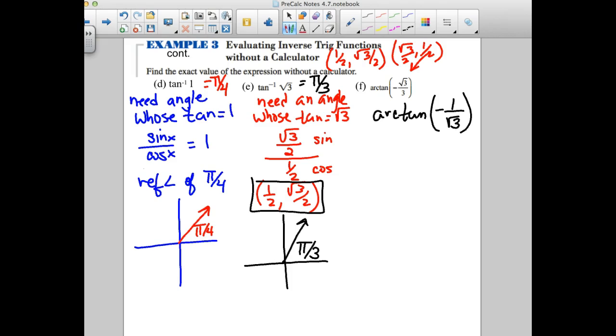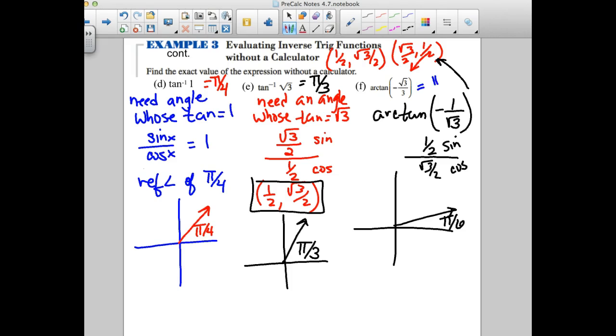And so when we think about our ordered pair, that's telling me I need the 1/2 piece on top and the root 3 over 2 part on the bottom. Again, this needs to be my sine and my cosine. So I'm looking at this ordered pair here. Where on my unit circle do I have that ordered pair? And that would be at pi over 6. So my answer here is pi over 6.